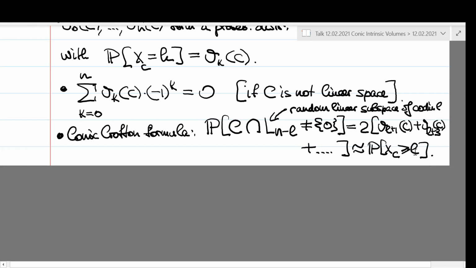Because to be larger or equal to L, it has to be either L plus some odd number, or L plus some even number. But these probabilities, odd and even, are in many asymptotic situations the same. So just think of it as such a tail probability.